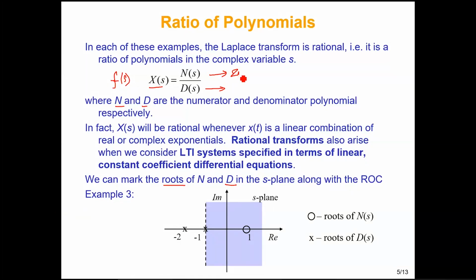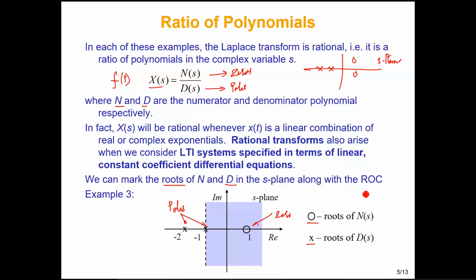So these are poles, and this is a zero. On the S-plane, the poles and the zeros can be marked whatever the value of s is. This is how we mark the zero, and this is how we mark the pole.